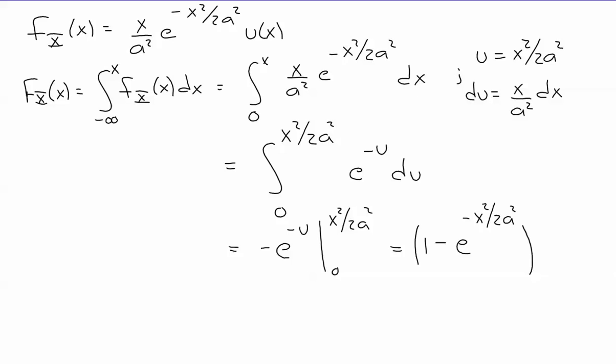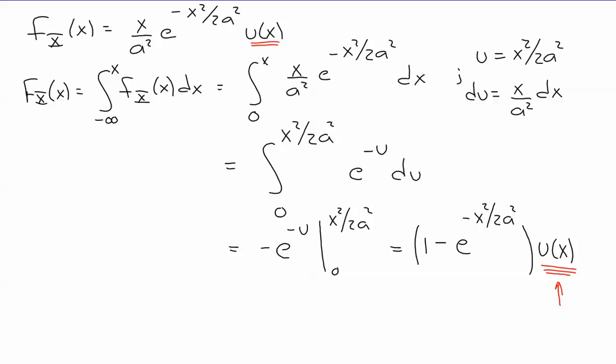And then, once again, I have to add back in a step function. All right, my Rayleigh random variable probability density function does not exist for x less than 0 by virtue of that step function. So at the end of my integral, I have to add back in that step function. This step function does not come out due to the integration process. It simply has to be added back in because the cumulative distribution function has no value for x less than 0.